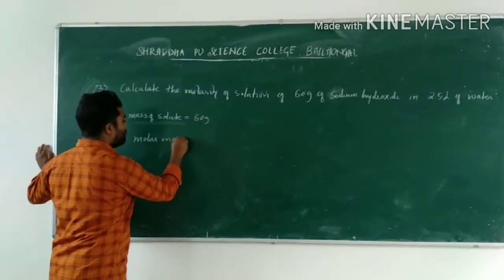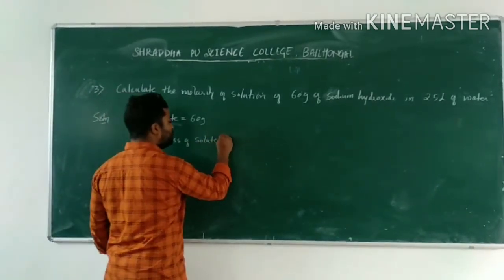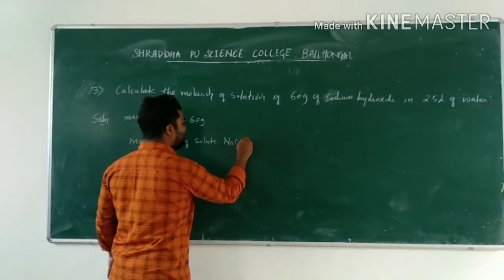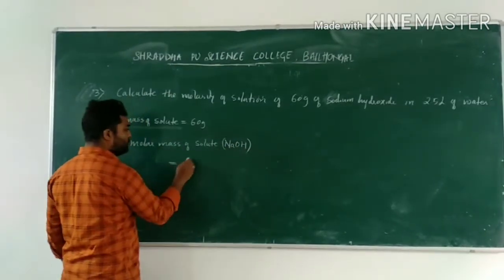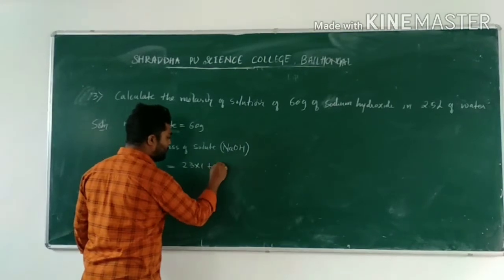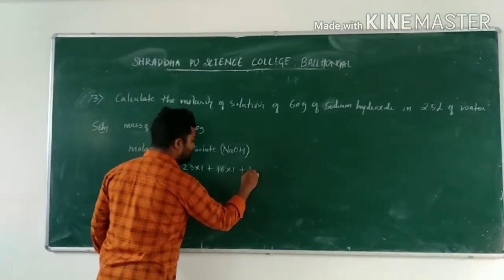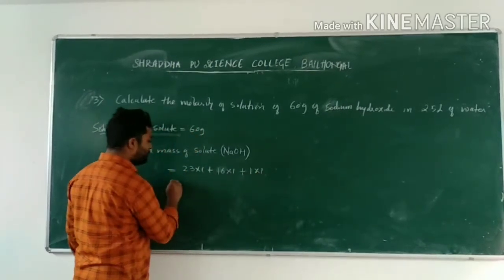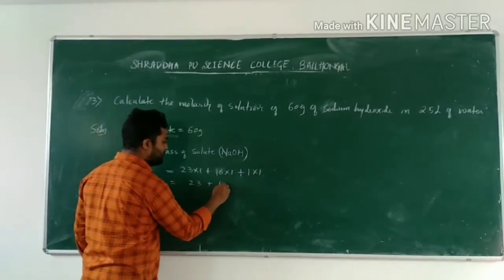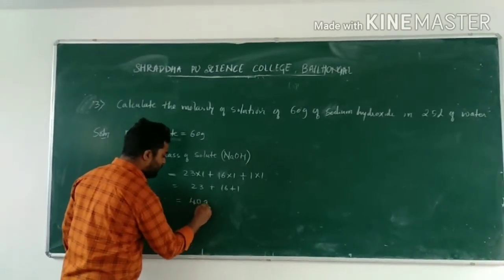What is the solute being used? Sodium hydroxide. So molar mass is equal to sodium atomic mass 23 into 1, plus oxygen atomic mass 16 into 1, plus hydrogen atomic mass 1 into 1. So therefore this is 23 plus 16 plus 1, which is equal to 40 gram per mole.